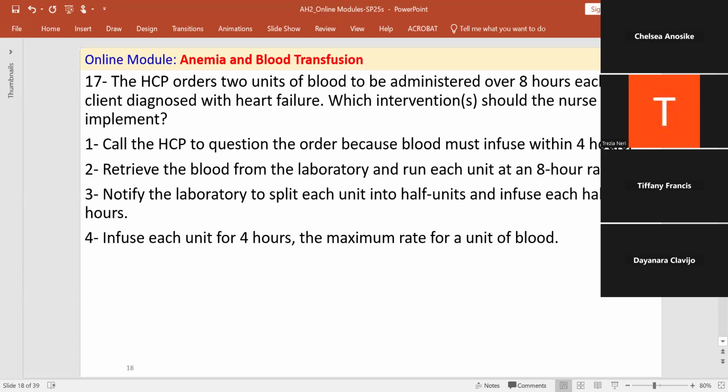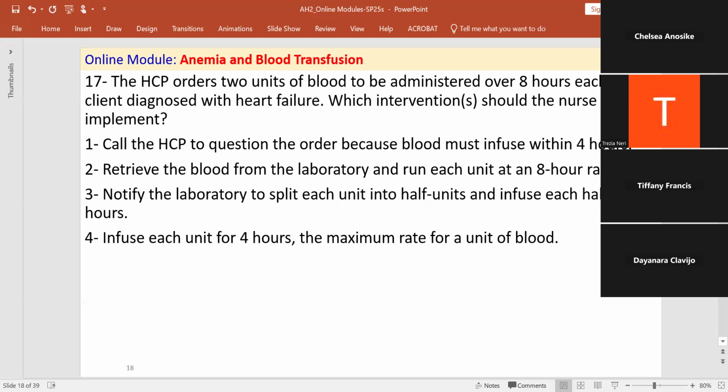So the correct procedure for administering a unit of blood over 8 hours is to have that unit split into halves. Each half of that unit is going to be treated as a new unit and checked accordingly.